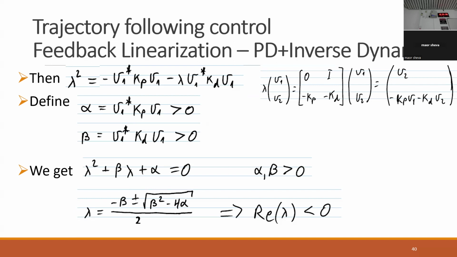And it means that the real part of this must be smaller than 0 in order for lambda to be in the open left-half plane. Because lambda can be complex. And lambda is an eigenvalue of this matrix.